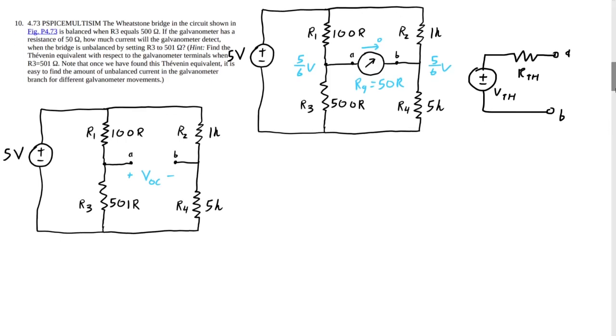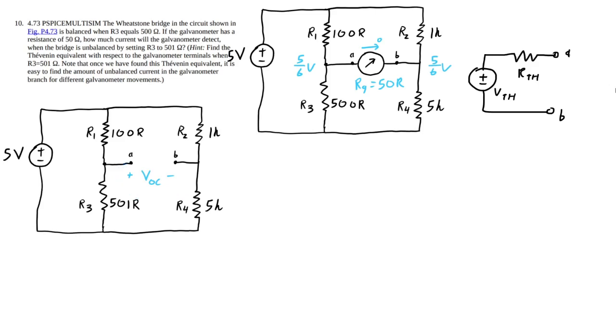To do that, we're going to find the Thevenin equivalent circuit for this circuit, and we're going to plug our ammeter back into that equivalent circuit, and find out how much current is flowing through that 50 ohm resistance. So we're basically going to replace the ammeter, the galvanometer, with this open circuit here.